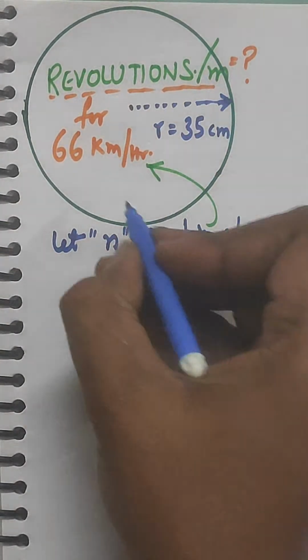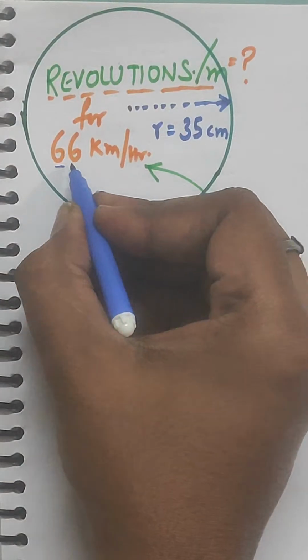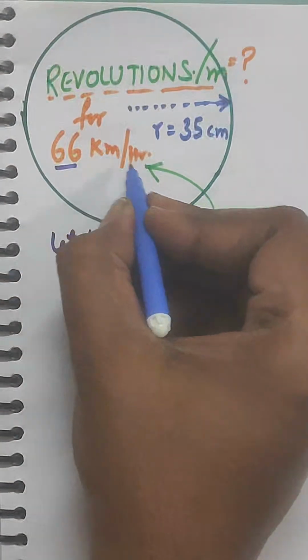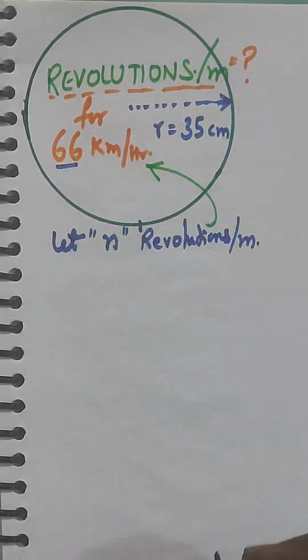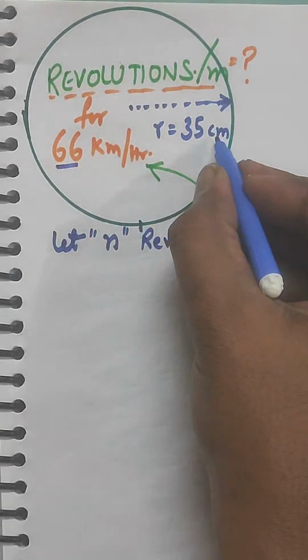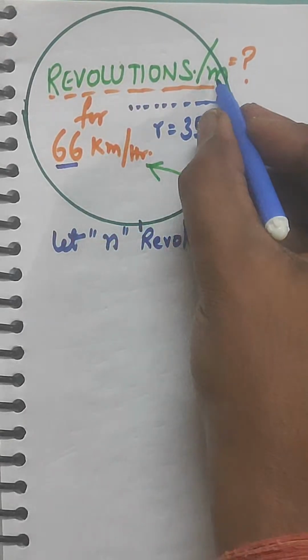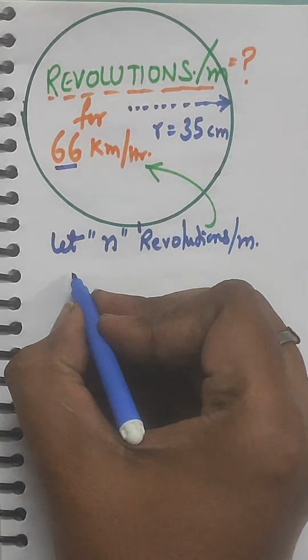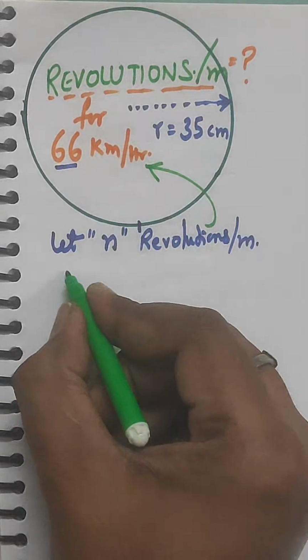So first of all we need to convert this 66 kilometer per hour into centimeter and minutes, right?